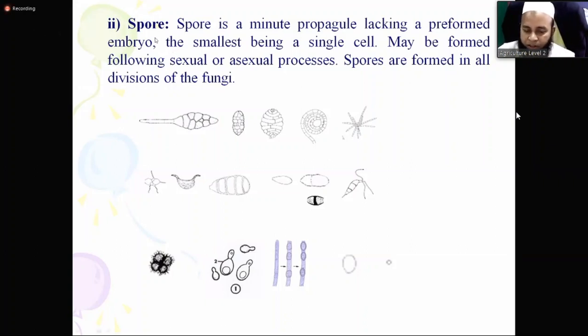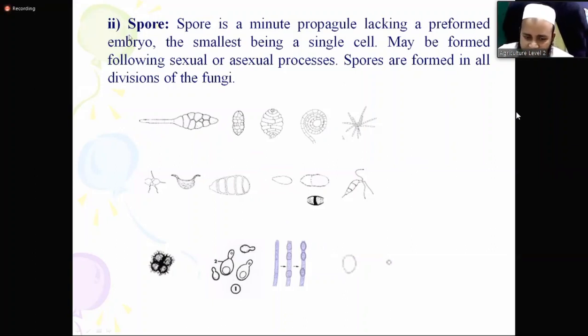So again I tell, spore is a minute propagule lacking a preformed embryo, the smallest being a single cell. Spore looks like a single cell, just a single cell. There are also many celled spores. This is very, very small.